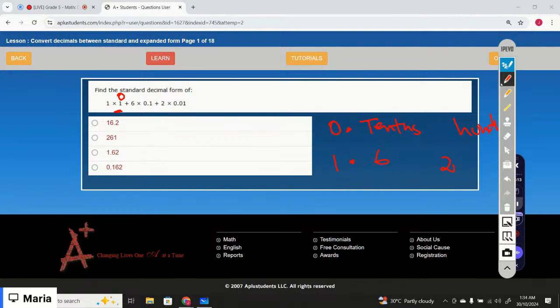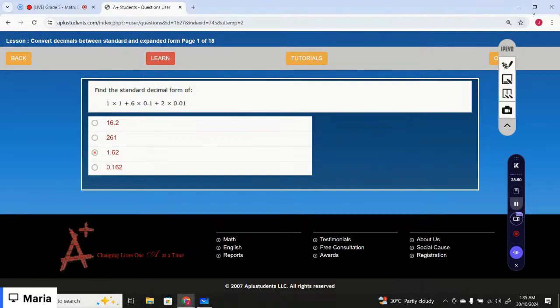So the number they make is 1.62. Option number 3 is the correct option.